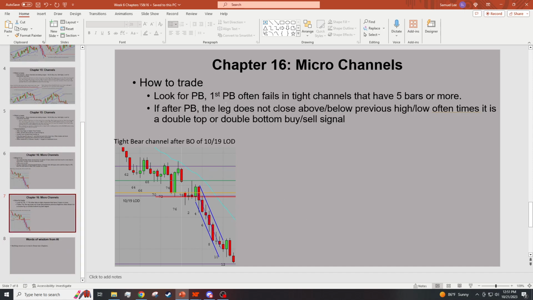So how to trade: you look for a pullback. First pullback often fails in tight channels that have 5 bars or more. Well, you can see it here. If after the pullback the leg does not close above or below the previous high or low, oftentimes it is a double top or a double bottom buy or sell signal. So what does that mean?